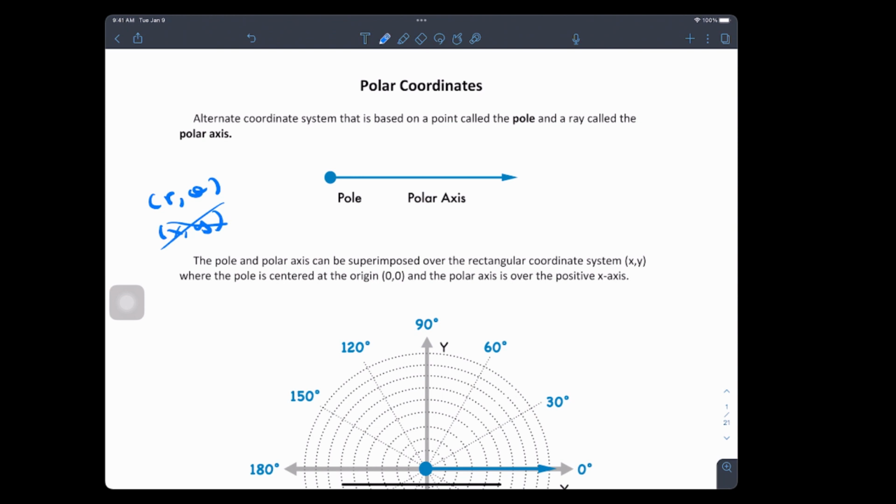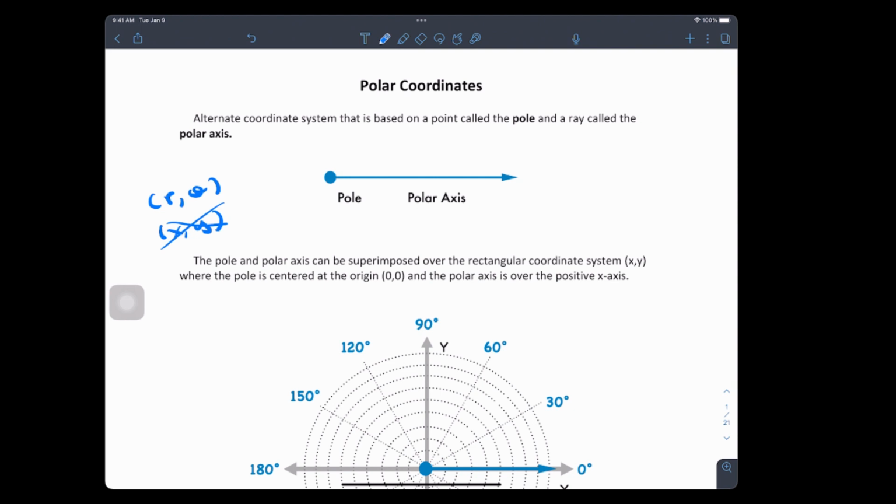And ironically, this system based on circles, not rectangles, actually can be related to our rectangular coordinate system. So we're going to be able to go back and forth. And you say, well, why is that advantageous? Because there's a lot of other curves that do exist that we study that are easier to study and work with if they're in polar form.